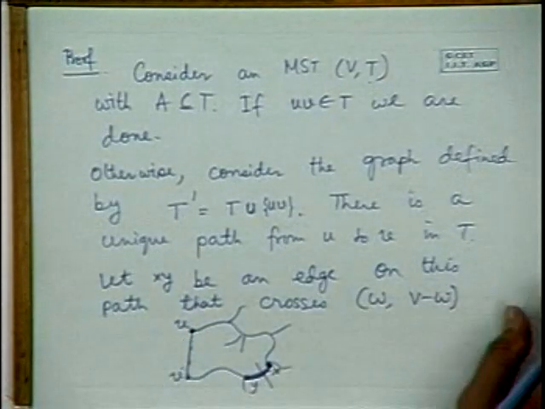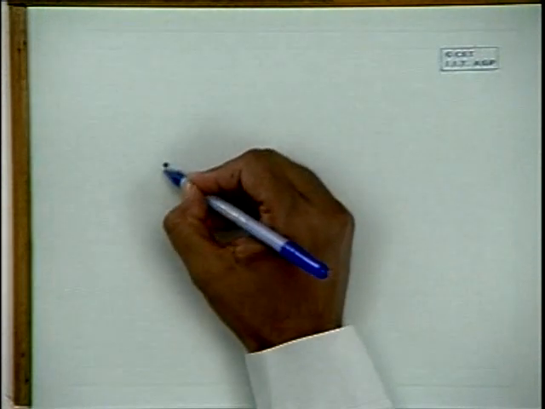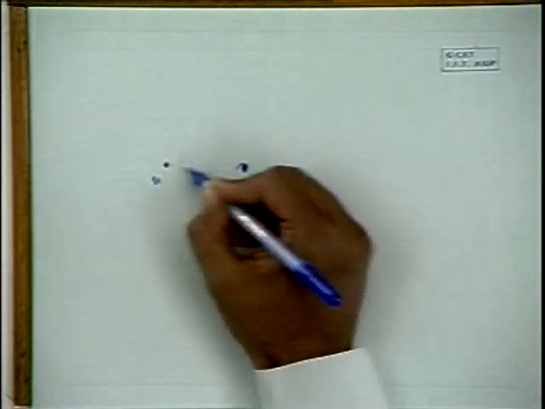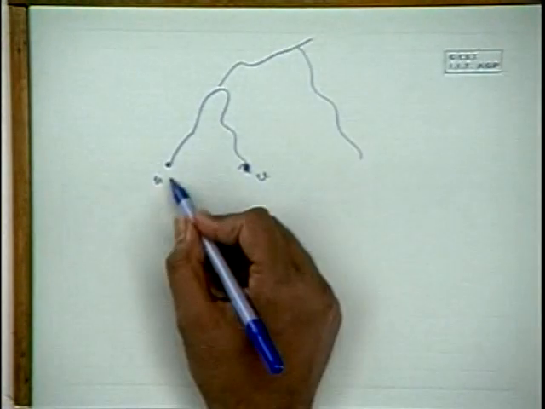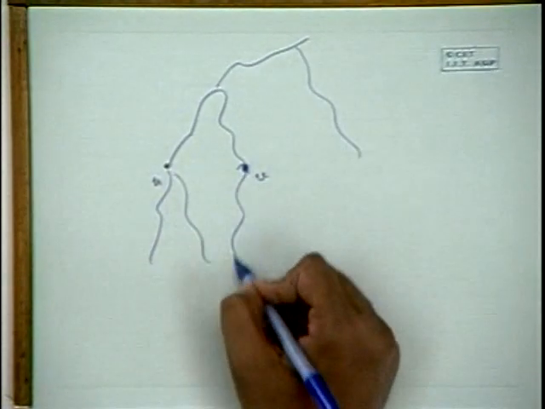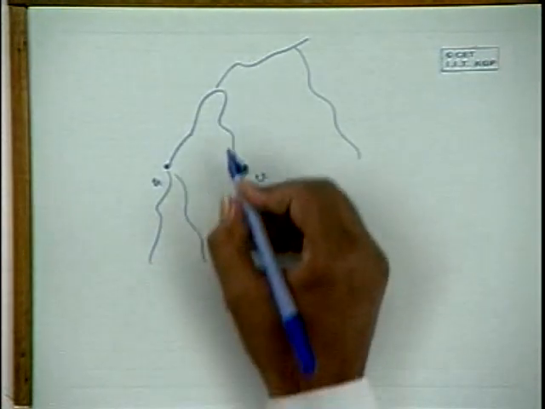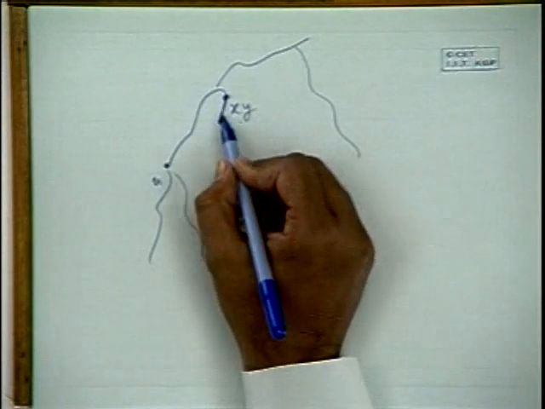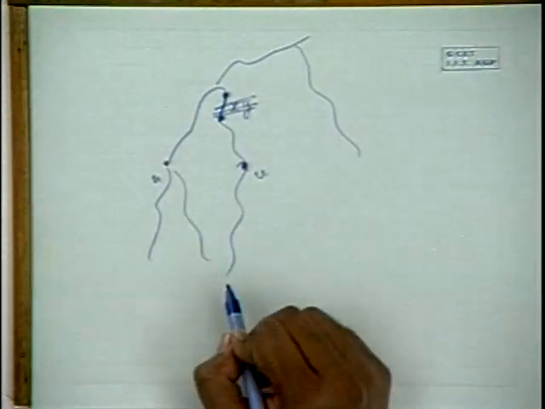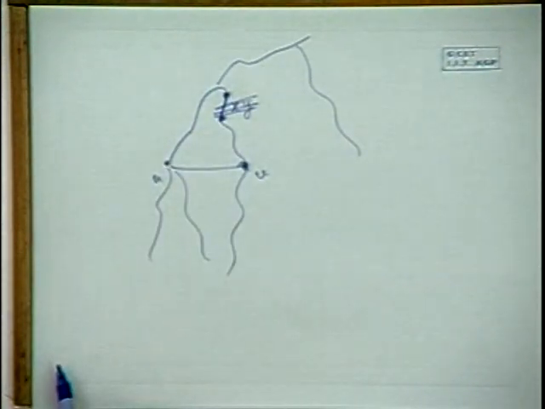In terms of the tree, if I just draw, suppose this is U, this is V, there is a path like this. So the tree is something like this, and it goes on. What I have done is, there is an XY edge, you take out this XY and join this.